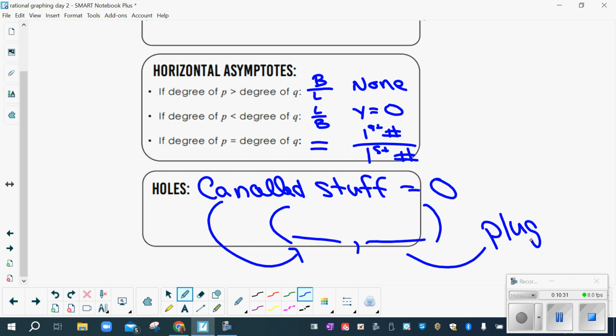The plugging in is the only thing that's a pain, right? That's the only thing. We're going to practice this whole thing today. The canceled stuff. Oh, sorry, I'll make it look right. I think there's 2 L's in canceled.